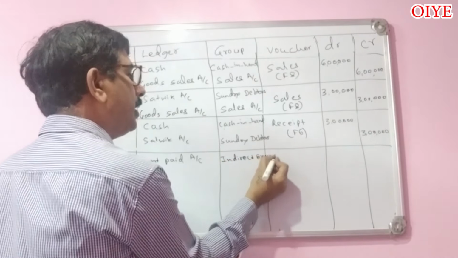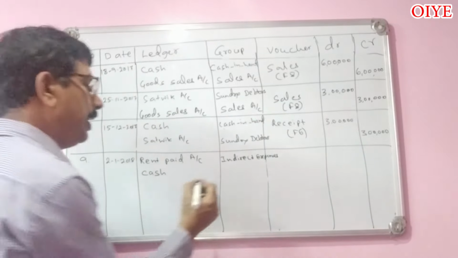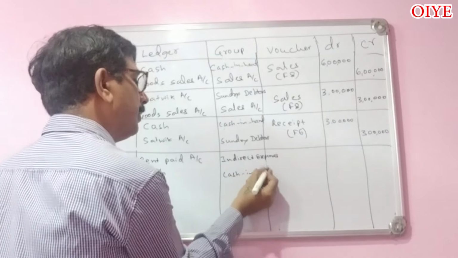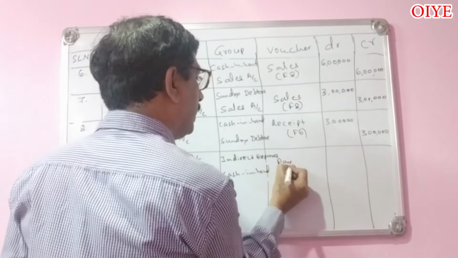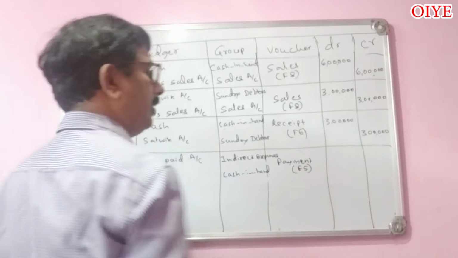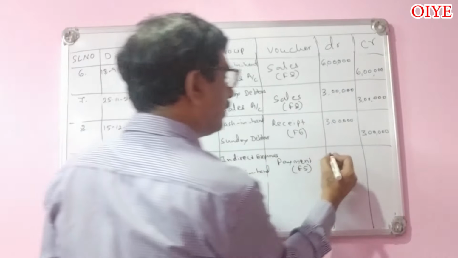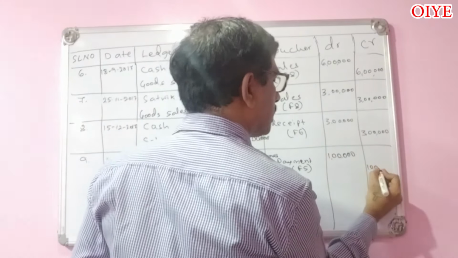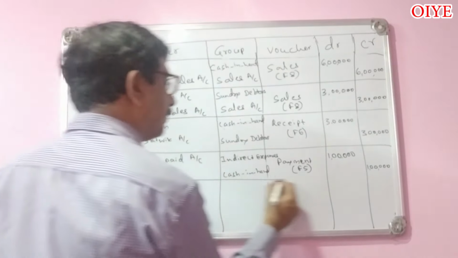It is considered an administration expense or office expense, so we will take it as an indirect expense, and the cash under cash in hand. We are paying the amount, so we will take it as a payment, and the shortcut key is F5. Rent paid account 1 lakh debit, and cash account 1 lakh credit. So the 9th entry is over.